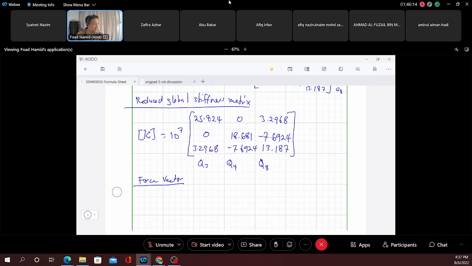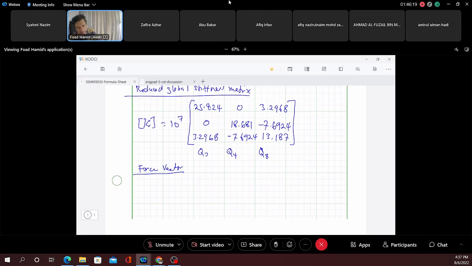Where is our force? So if you look at the forces that we have, this is our element. So this is element 1, this is element 2.